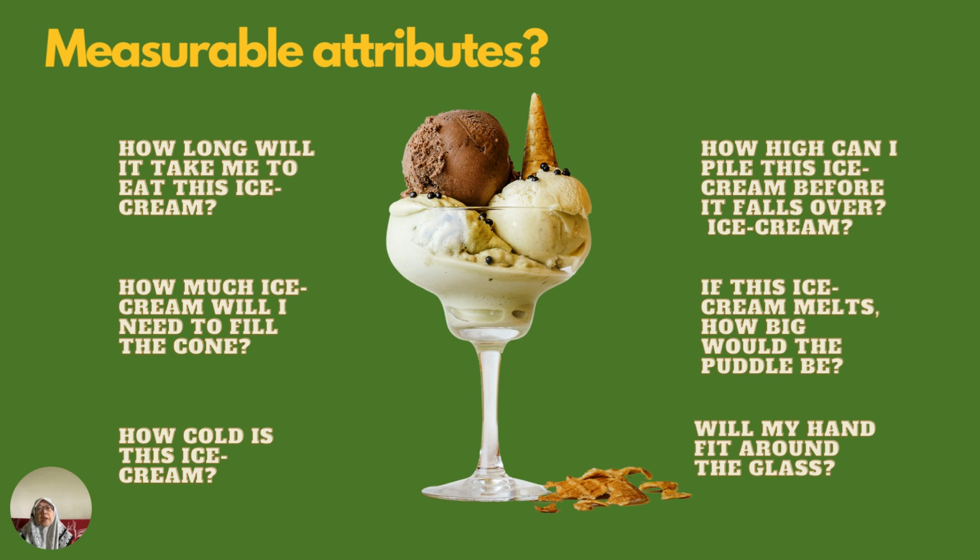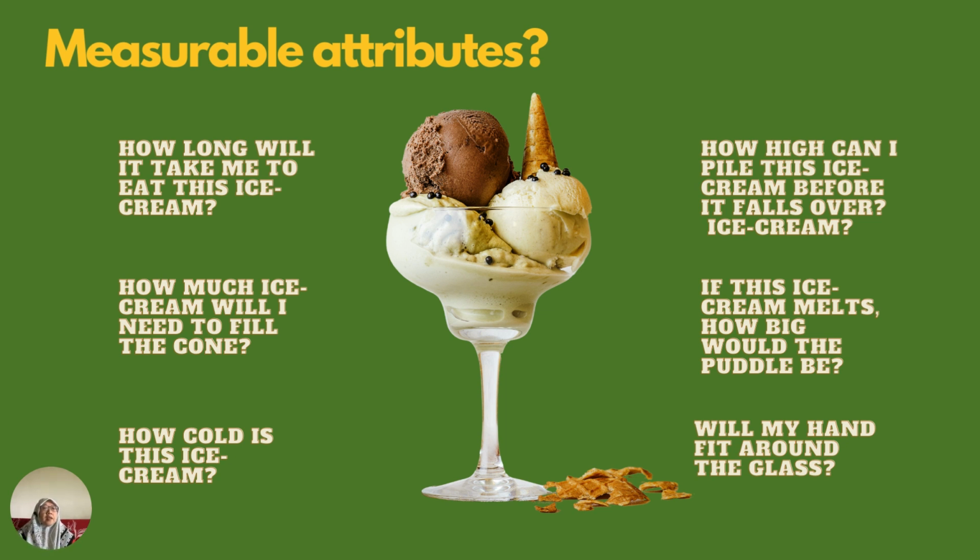Okay, and then will my hand fit around the glass? Right, so you are trying to find whether the area of the glass, is it small, is it big? So these are attributes that we have discussed just now, and you are trying to find it in ice cream.